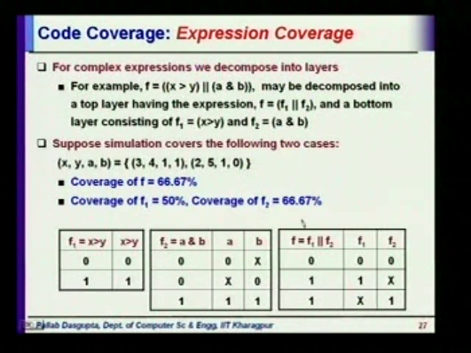So, now let us look at the minimum input table of f. The minimum input table of f is OR, right. So, to make f 0, both f1 and f2 have to be 0, and to make f 1 we can make f1 as 1, then the other one does not matter, or f2 as 1, in which case the other one does not matter, right. Now, in our case f1 is only 0 in both of these cases, right, and f2 is 1 in one case and 0 in another case, right.